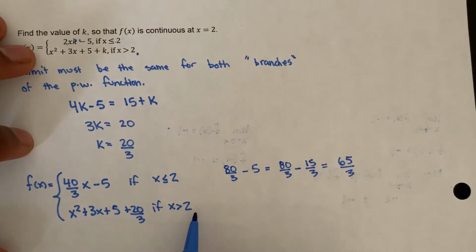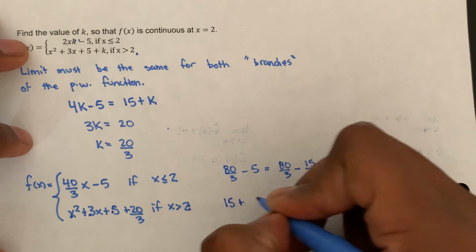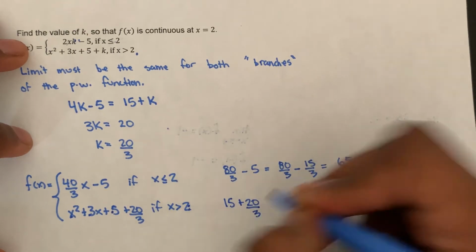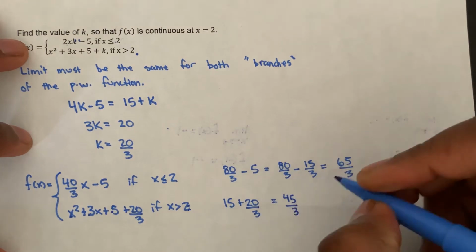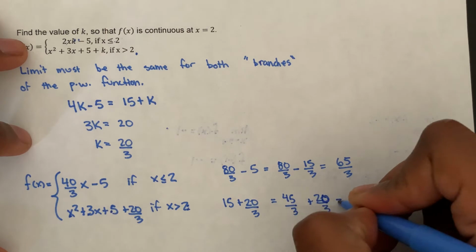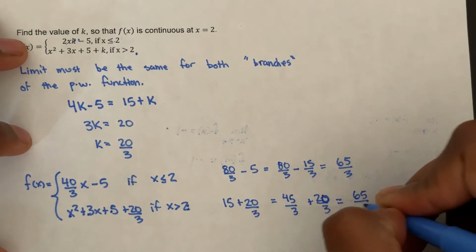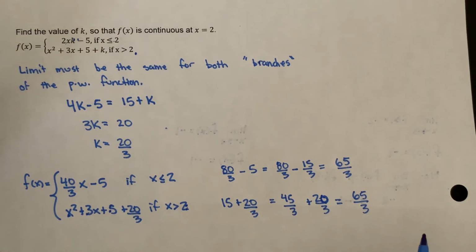For the second part of the piecewise function, if we substitute in 2, we get 4 plus 6 plus 5 is 15. So 15 plus 20/3. Well, 15 is the same as 45 thirds, and 45 thirds plus 20 thirds is 65 thirds. So look, the values line up. That's how we know we did it correctly.